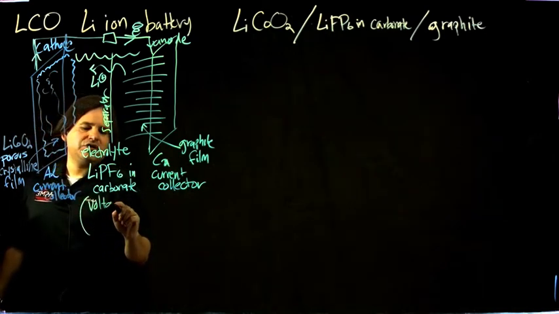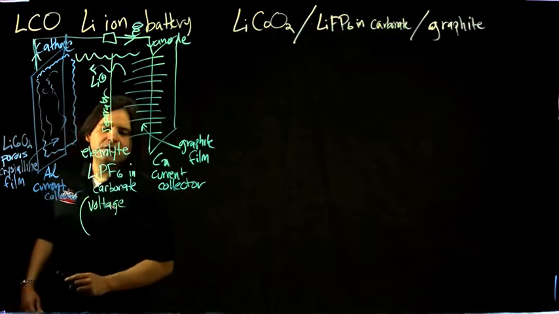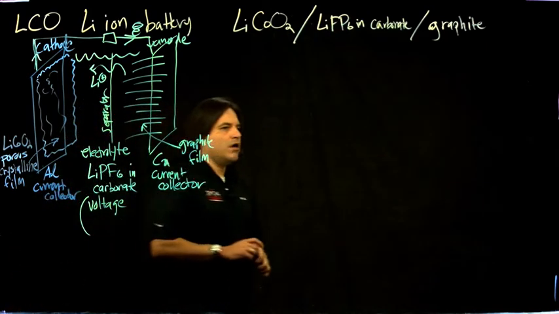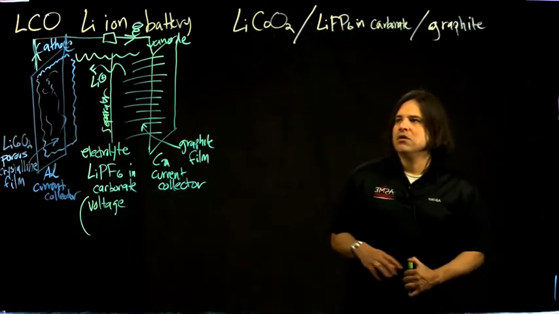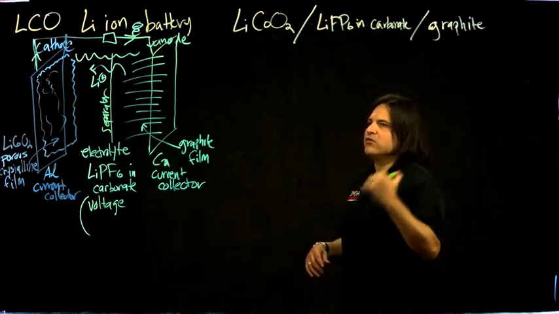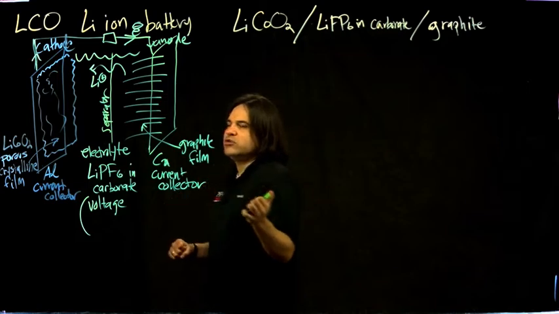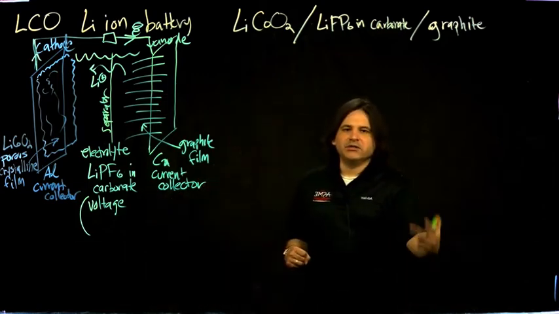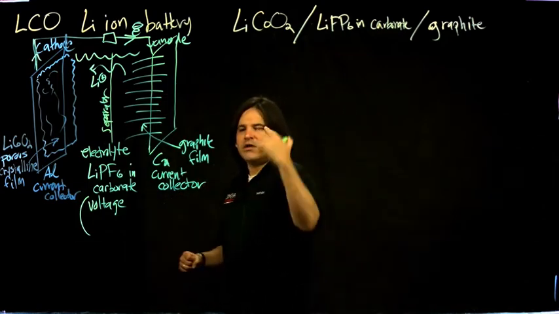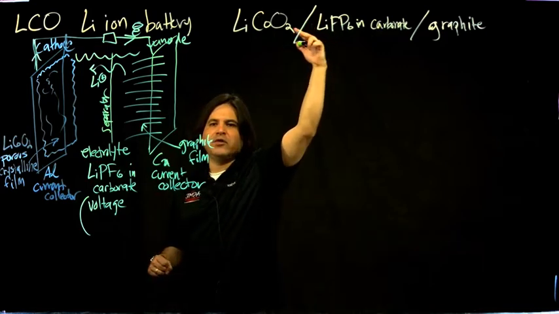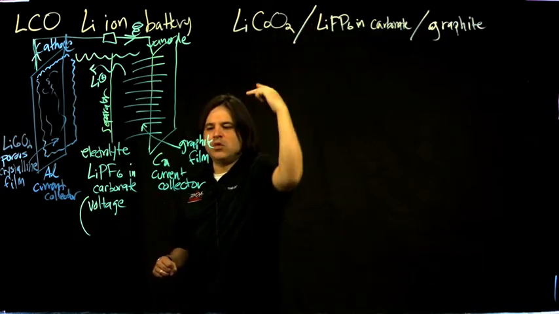So if we're going to charge and discharge this battery, if we want a lot of energy, which we do, we need to increase the voltage as much as we can. So the higher the voltage we can reach, the more energy we can store. We can go from 0 to some high number of volts. The higher the volts, the more energy.